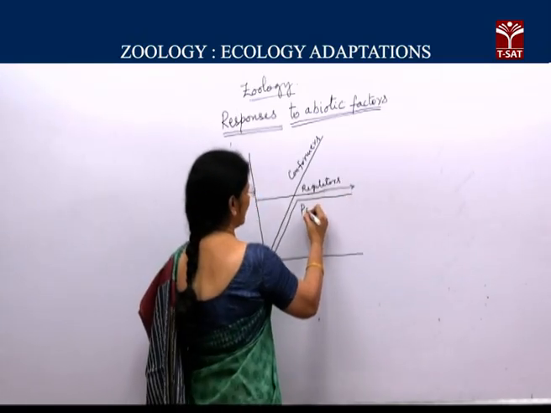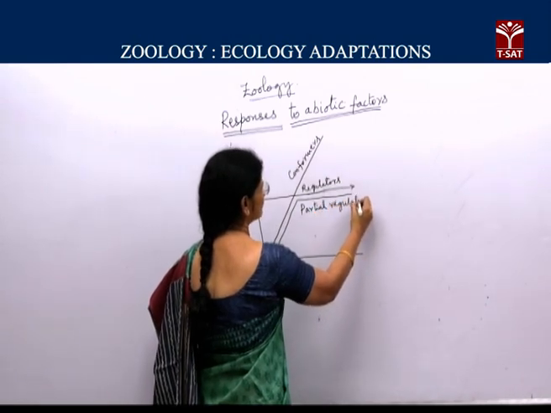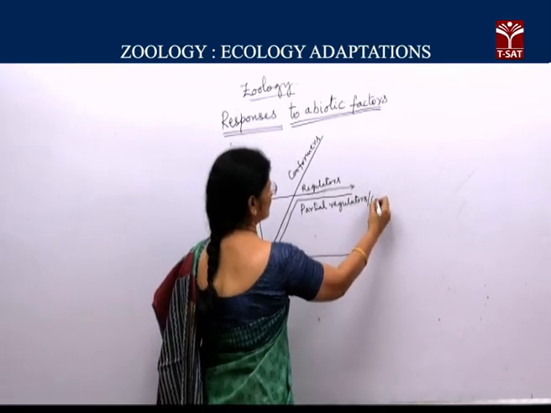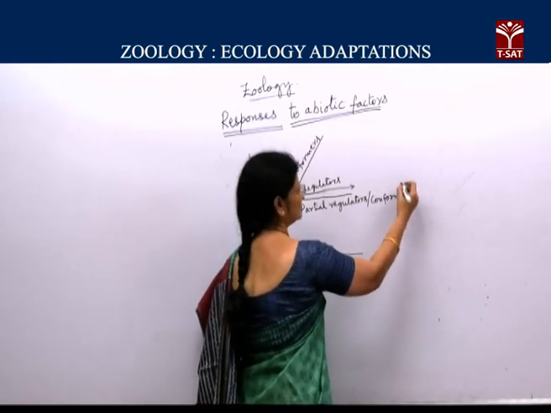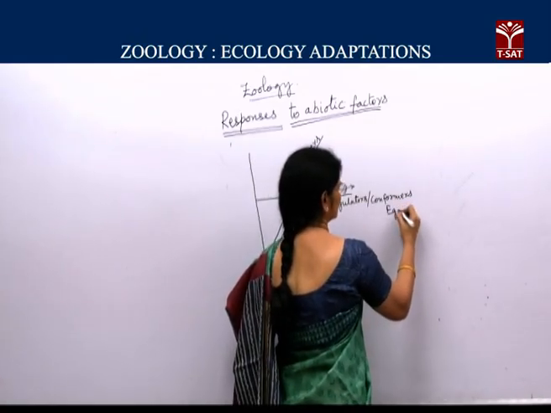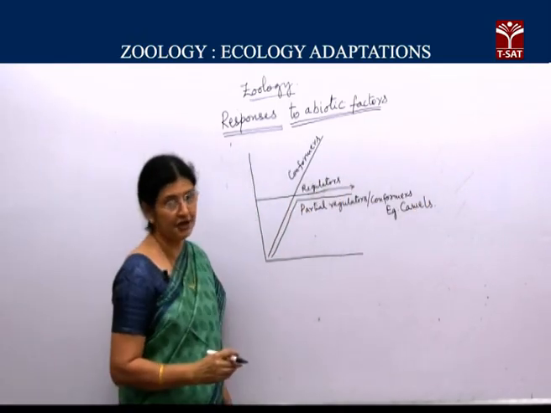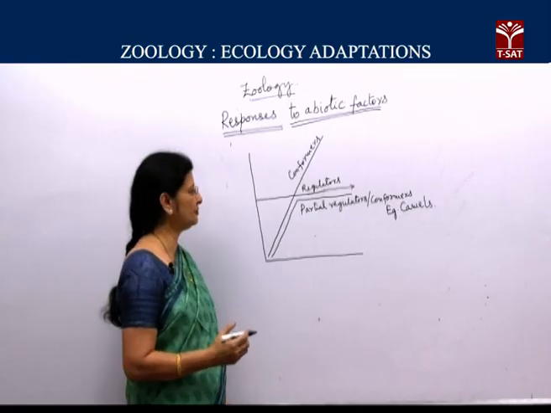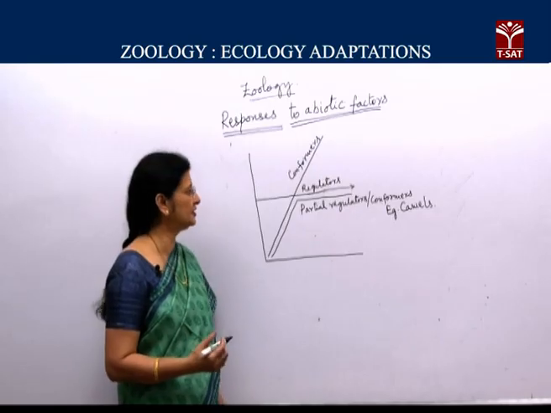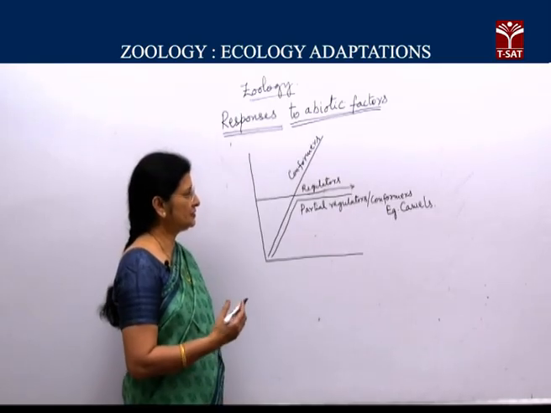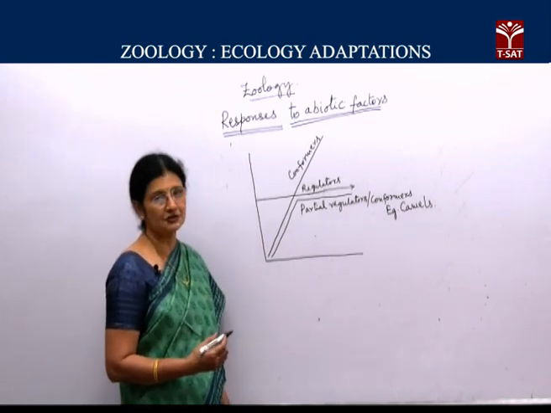These are called partial regulators or partial conformers. Example, camels. To recap: 99% of animals are conformers. Regulators are birds, mammals and very few lower animals. And organisms like camels are partial regulators.